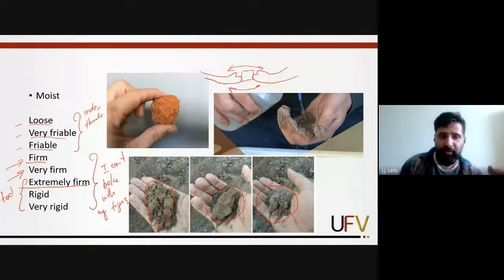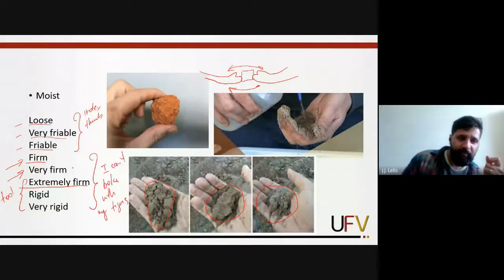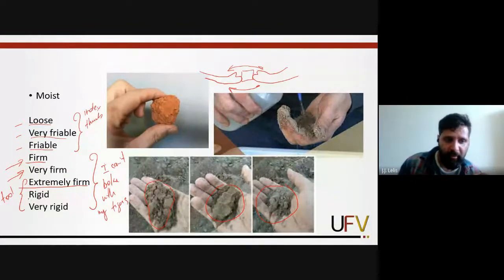If using a tool, a hammer, something like that, it's quite hard to break the material, I have a rigid consistency. And even using a tool, if I can't break that material, it is very, very hard to break, so I have a very rigid consistency.